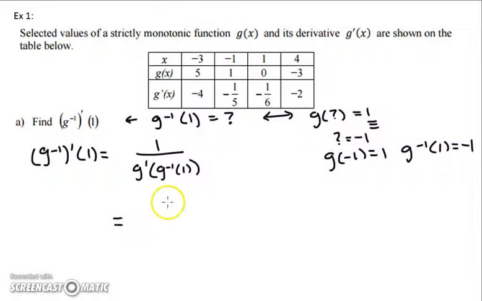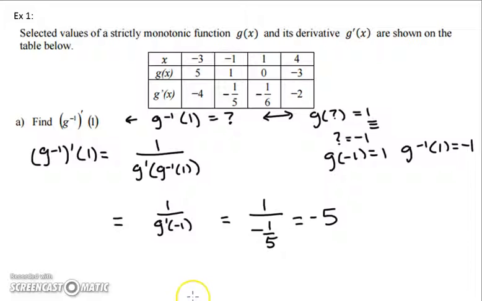So this is equal to 1 over g prime of -1. Going up to our table, g prime of -1 is -1/5. So it's 1 over -1/5, and we get an answer of -5. So the trick is we always need to come up with this relationship so we can come up with our derivative.